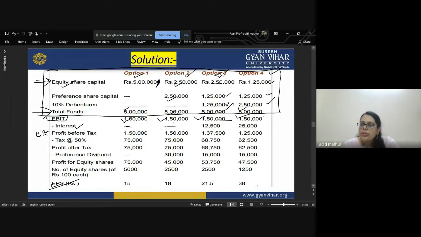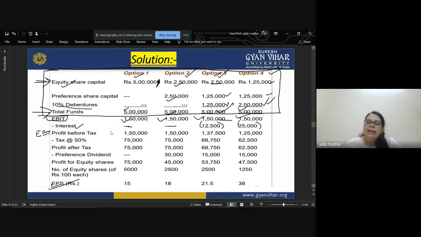But in the third option, you have 10% debentures, right? So 1,25,000's 10% is 12,500, which you will be deducting because it is your interest amount. In the option number 4, your interest is 25,000 because you have issued your 2,50,000 from the 10% debt, right?